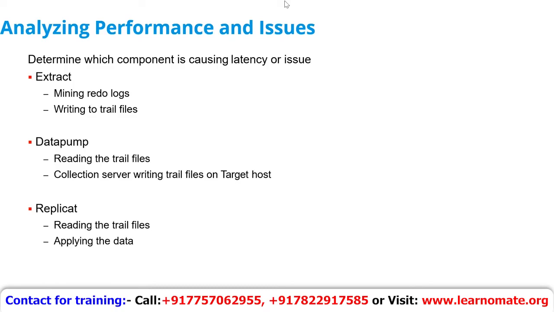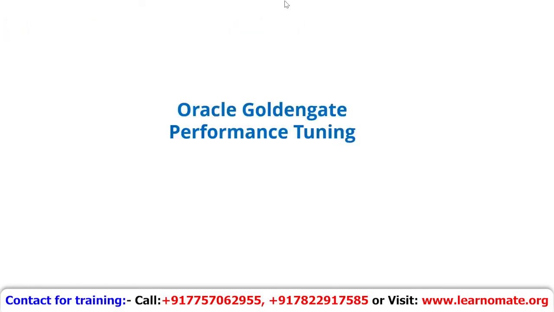If data pump is an issue, identify whether it is reading the local trail files or writing data to the remote trail file. And if it's the replicate, whether the issue is reading the trail files or applying the data. You need to analyze this to understand why there is huge lag in your environment.